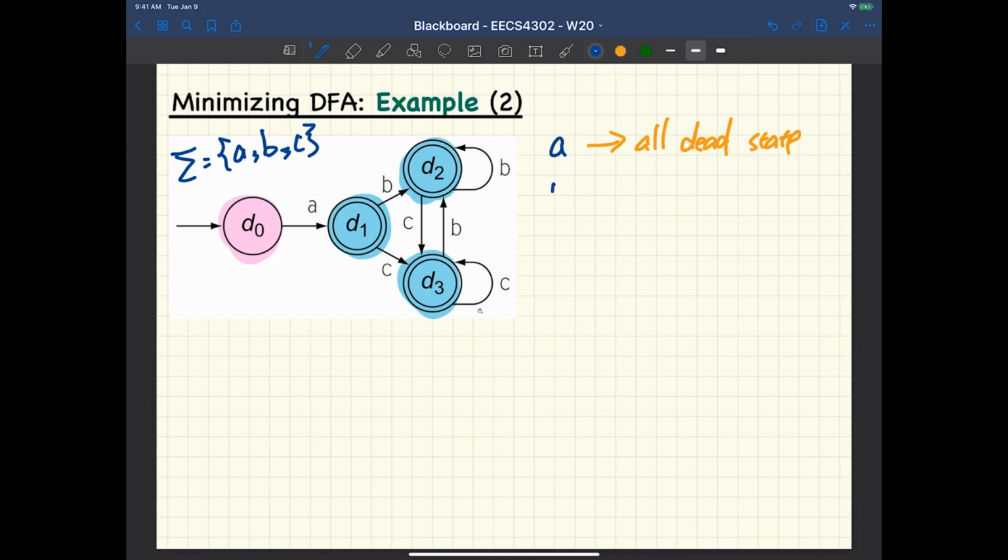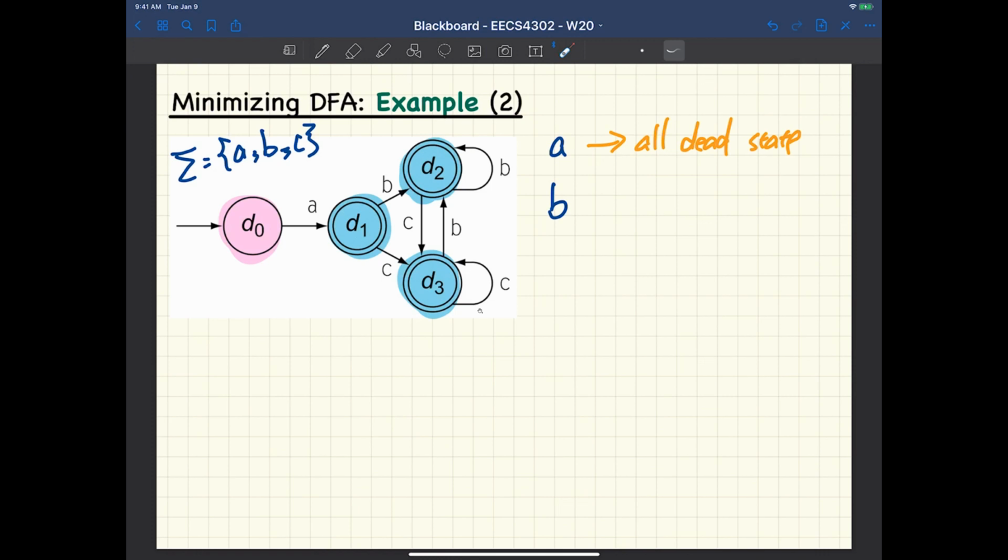Let's think about B, which is more interesting. For D1, you are going to go into D2. For D2, you will go to D2, still blue. For D3, you will go to D2. Even though they're different states, they're all blue, the same partition. If you are still in the same partition, you're fine.